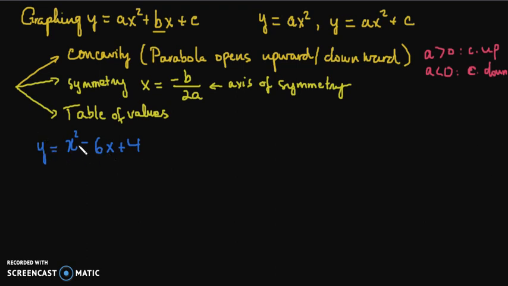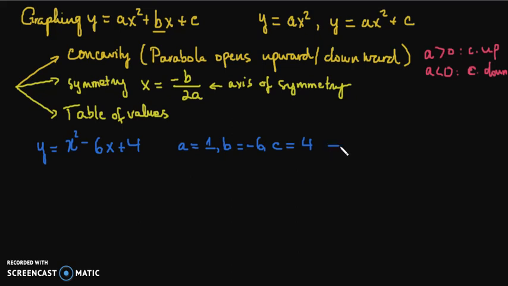This is a full standard form of the quadratic function. a is the coefficient in front of the x squared, so a is 1. b is the coefficient in front of x, but remember the sign of the number as well. So here b is negative 6, and c is 4.